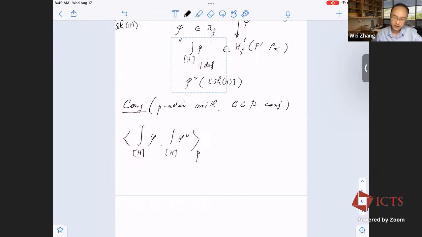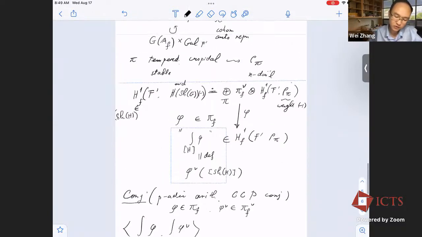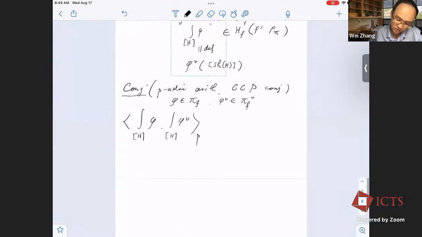You take any phi belonging to pi finite part, inside pi dual, where pi is one of the representations showing up in this cohomology. Again, also assume tempered, as below. So this should be equal to the p-adic L function attached to pi, and take a derivative. Then I have the local term.